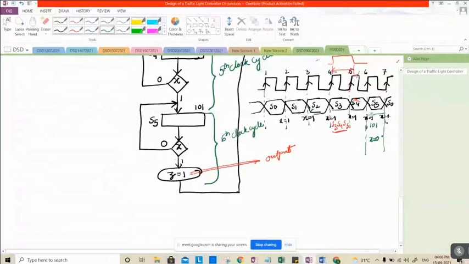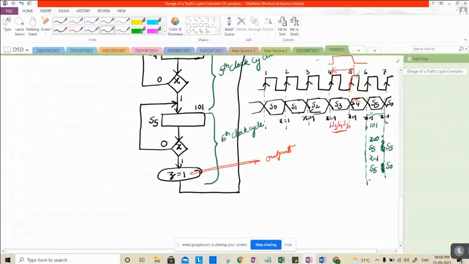In the next clock cycle or the same clock cycle? S5 will move on to the same S5 in the next clock cycle only. When the next positive edge comes, only then it goes to S5. Now suppose x is equal to 1, what will happen is S5 will move to S0 again after this positive edge.